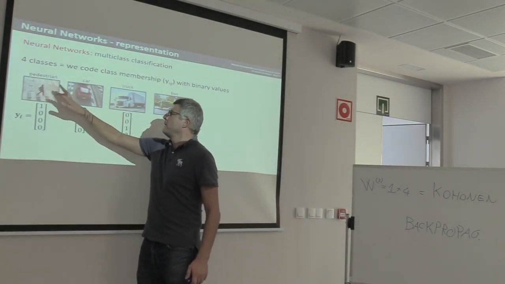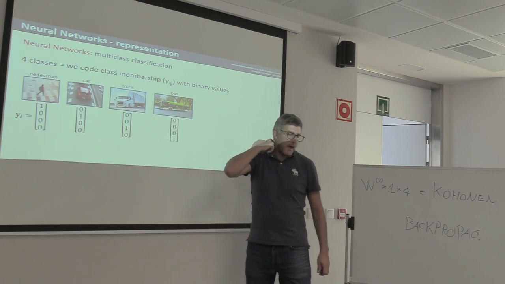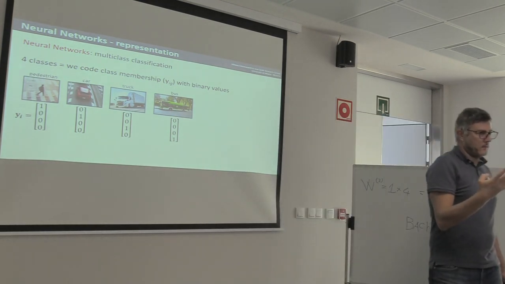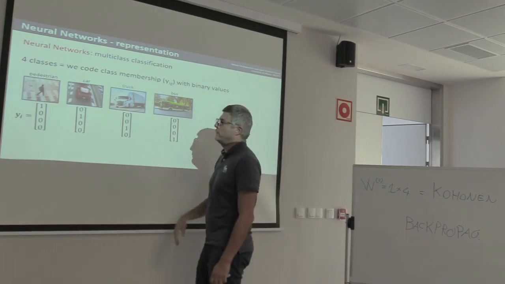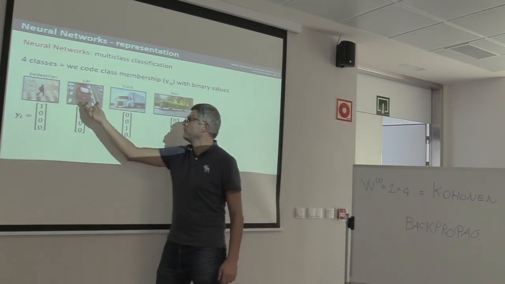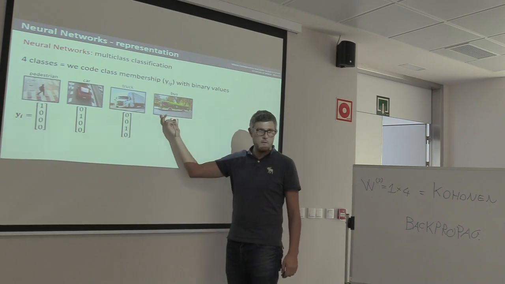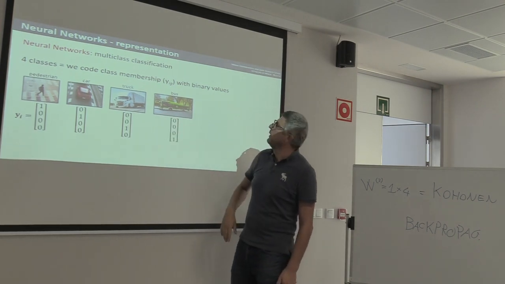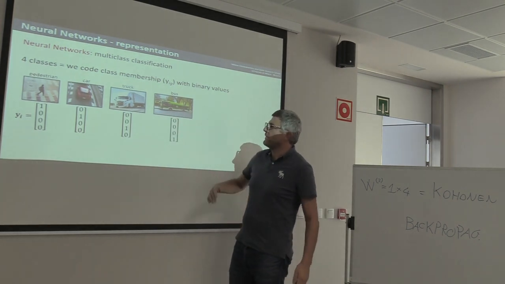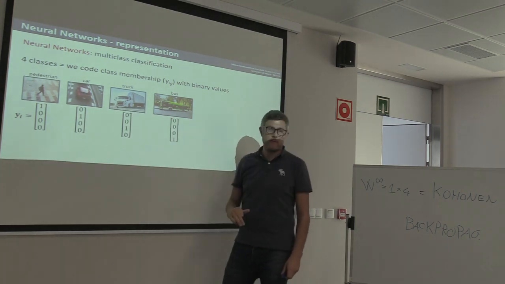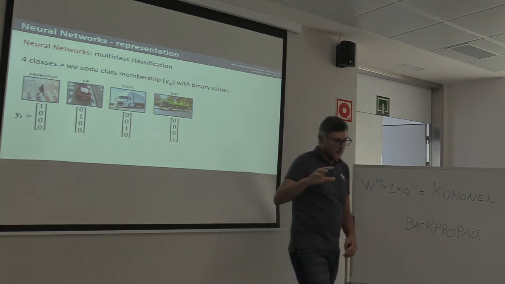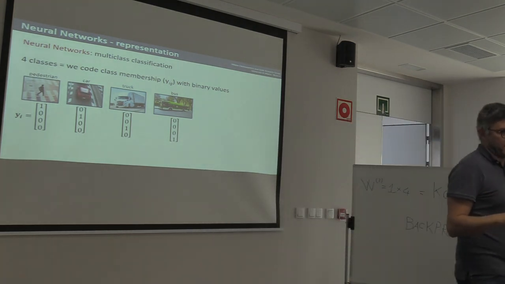We can use it in this way. Let's say that we have 4 classes. For example, here you want to do a classification based on images, and you have different types of images: pedestrian, car, truck, or bus. Each one is a different class.